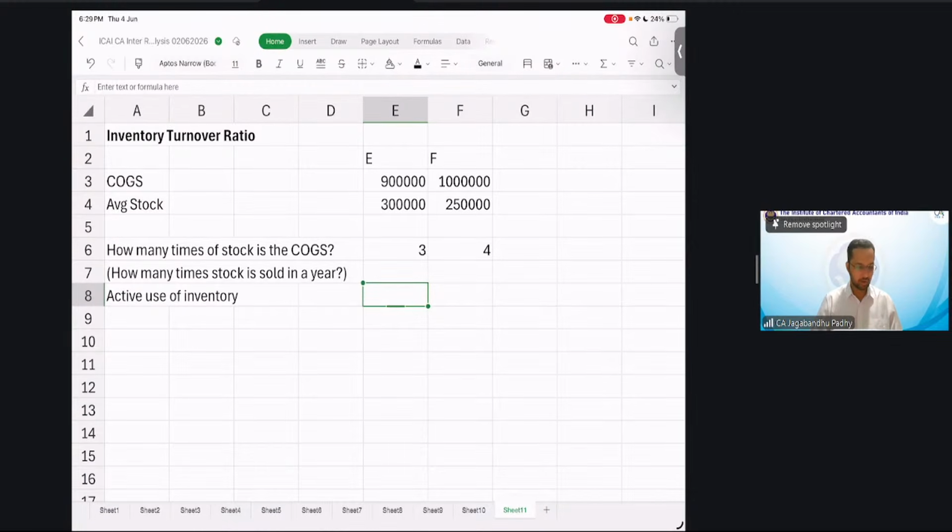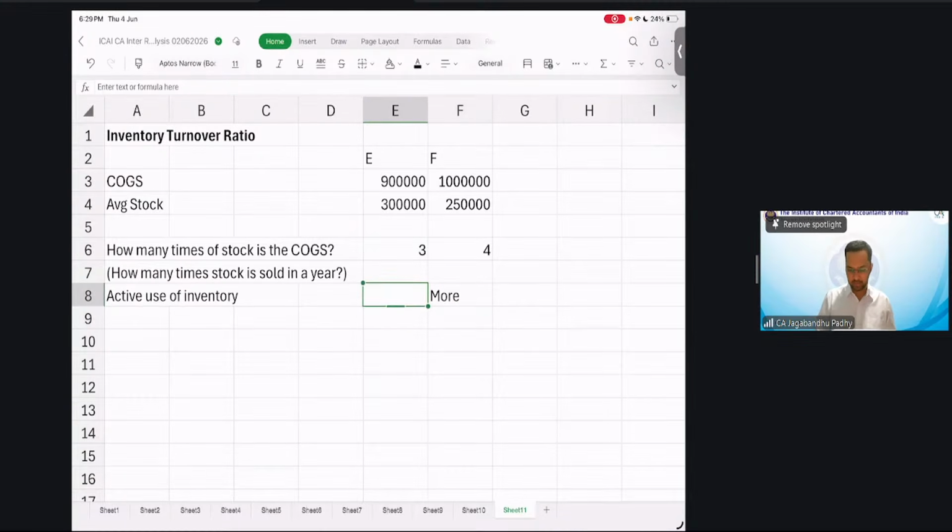Which company uses the inventory in a more active way? Of course, it is company F.